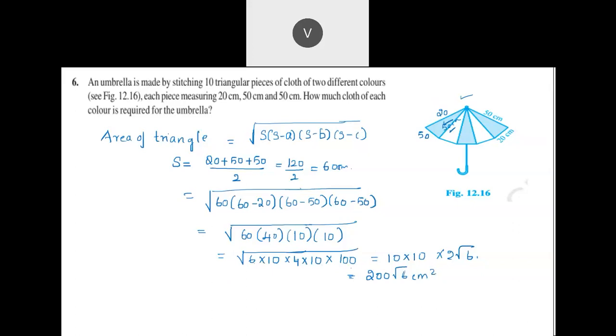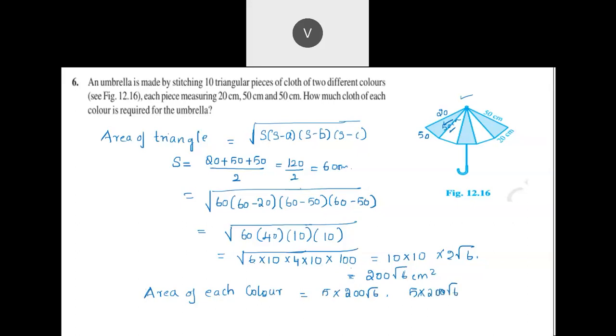Totally, how many triangular pieces are there? 10, ma'am. 10 triangular pieces are there, but we need to find out how much cloth of each color is required for the umbrella. So area of each color will be equal to 5 into 20 root 6.